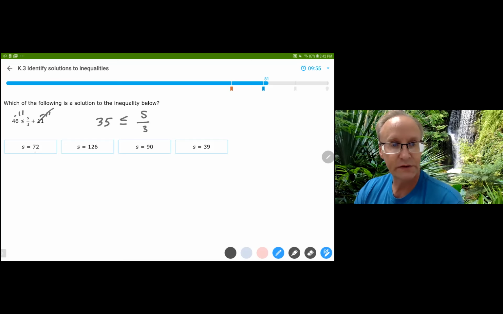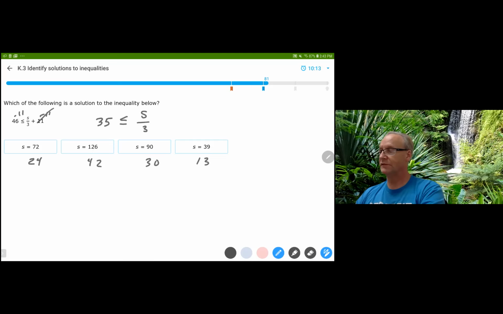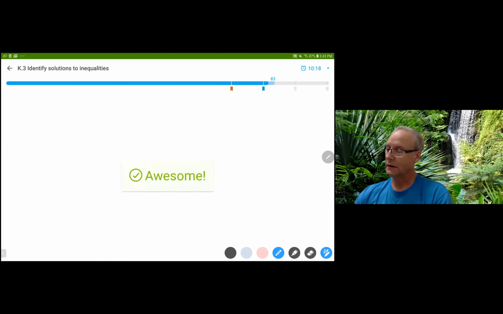If I divide 72 by 3, it goes in 24 times. If I divide 126 by 3, it goes in 42 times. 90 divided by 3 is 30, and 39 divided by 3 is 13. Now I want them to be greater than or equal to 35, which would be this one. Oh, I thought there was another one.